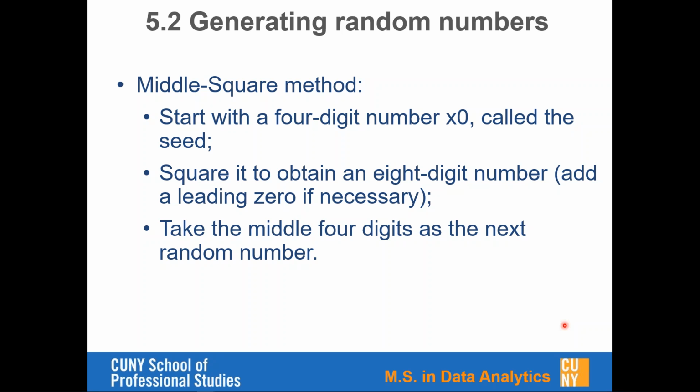In the case that we're not able to get 8 digits when we square the 4-digit number, we add extra zeros at the beginning so that we make sure it becomes 8 digits. And then we take the middle 4 digits as the next random number. So that is one way to generate. The approach itself is simple, so I don't really want to go to Excel or anywhere to test. I think we do have some homework that you could work on in R to see the cycle behavior that I just discussed.